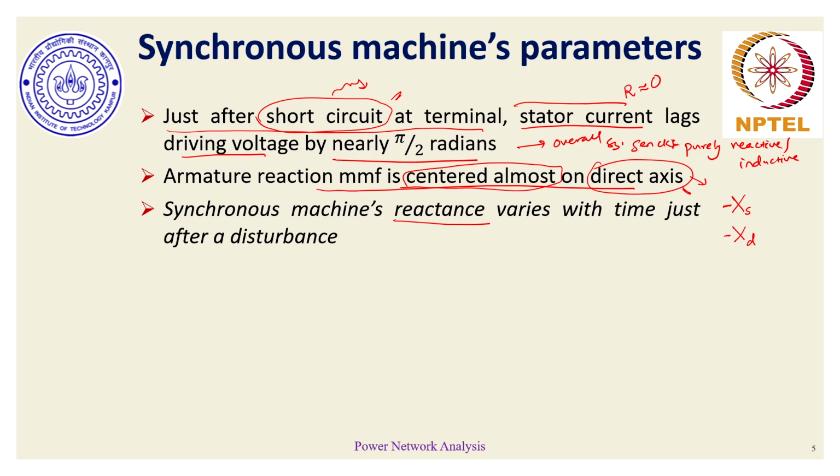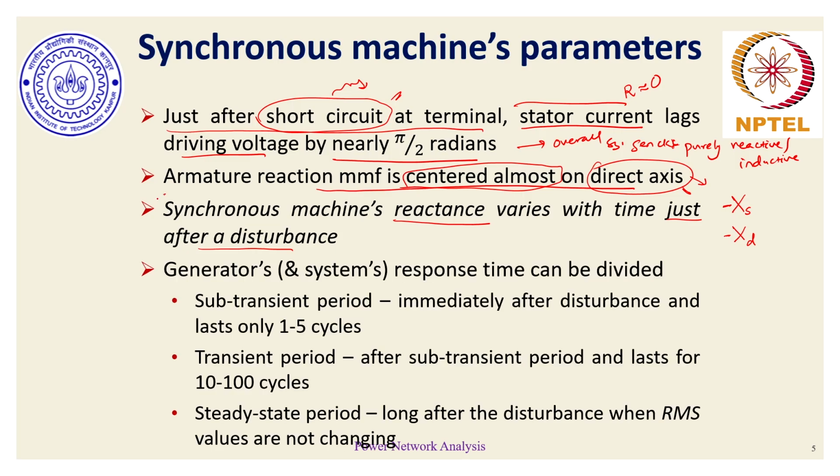It varies with time as the machine experiences a fault or a disturbance. And we'll understand why this variation happens. Please have patience. We'll get into that aspect, but I'm just trying to emphatically state the reason for the discussion that we are going to have.